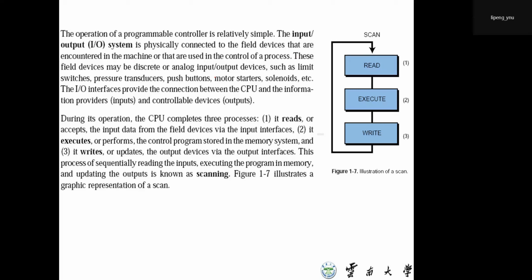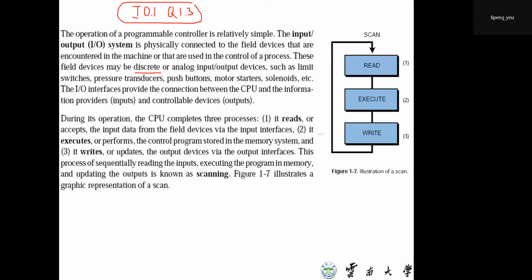And we can see that this field device may be a discrete or analog input output. Discrete, such as I0.1 or Q1.3.